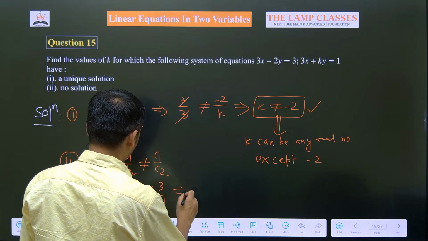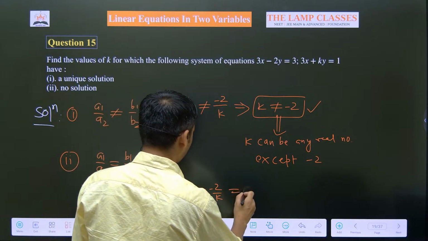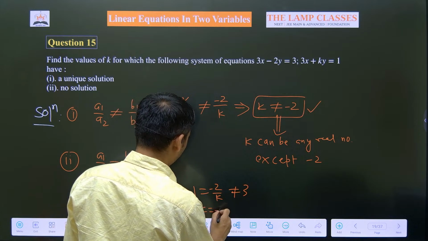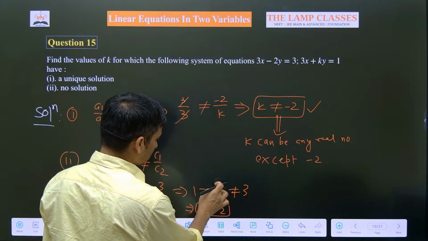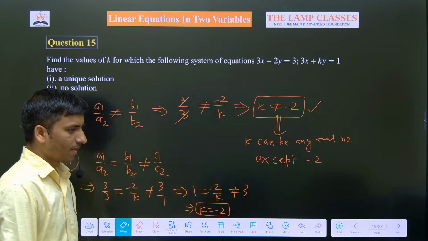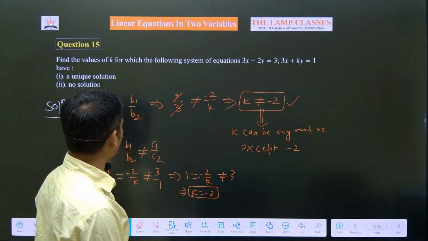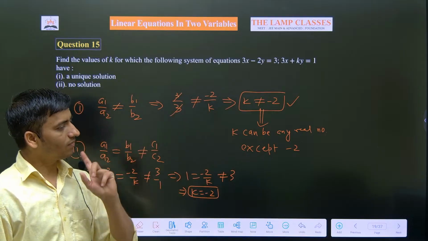That simply means k has to be minus 2. That's the only solution. If I put k equal to minus 2, definitely these are not equal. So we can conclude that there is only one value, k equal to minus 2, for which this equation has no solution.